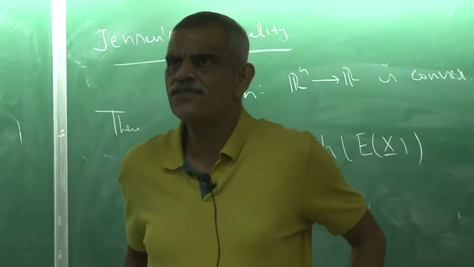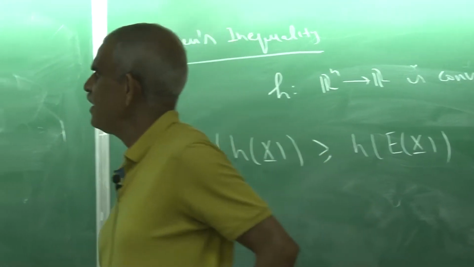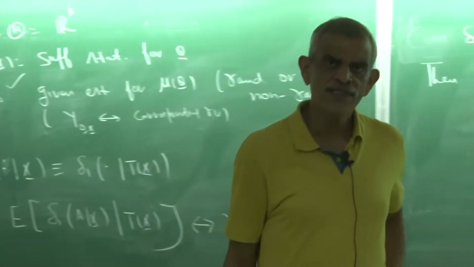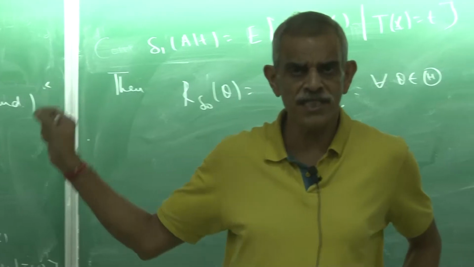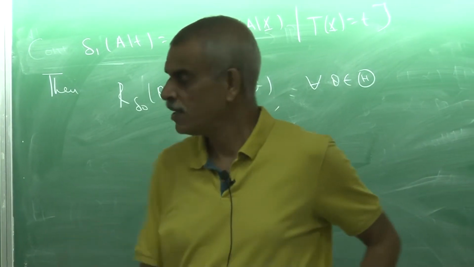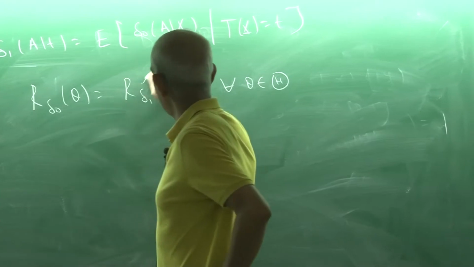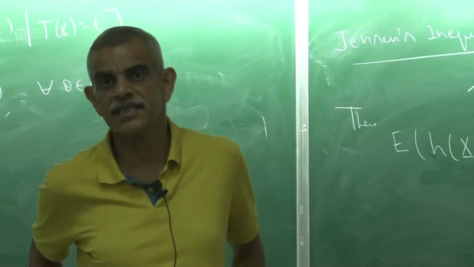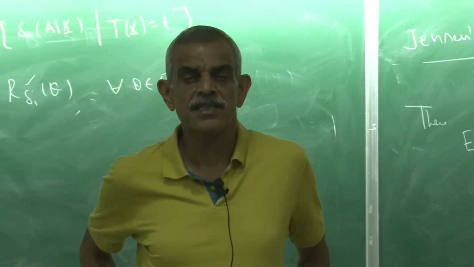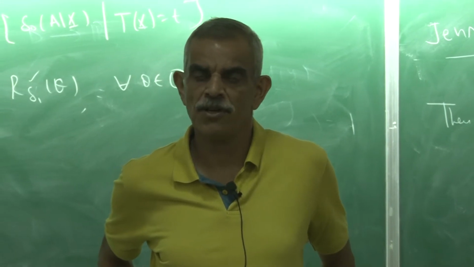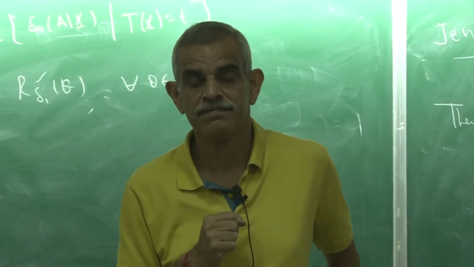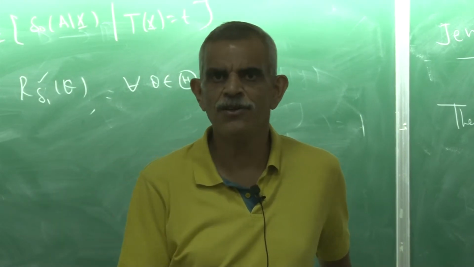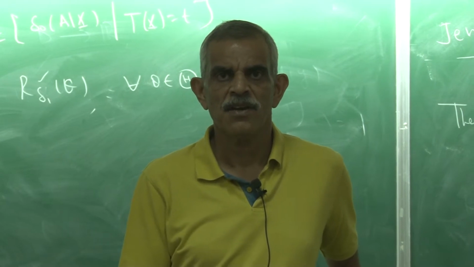So an easy consequence of this is saying that given any estimator delta naught which depends on observation, I can find an estimator which depends on a sufficient statistic. So that estimator is delta 1, whose risk is same as the risk of the original estimator delta naught. So what it suggests is you can restrict to only those estimators which depend on observations only through sufficient statistic. If sufficient statistic is not unique, I would certainly look for a statistic which is minimal sufficient.